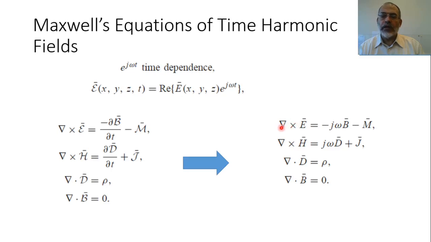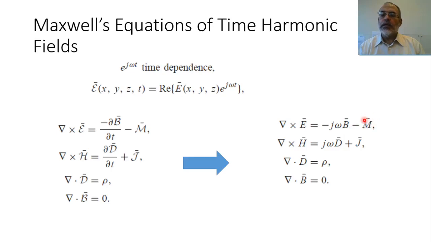So it is the derivative with respect to x, y and z. We are talking about derivatives in space, operating on the phasor quantity, which is a function of space, equals minus j omega, which replaces the derivative with respect to time, multiplied by B. B here is the phasor of the magnetic flux density, which is a function of x, y, z only, not of t.